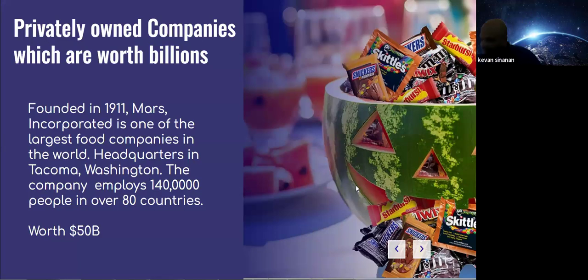Okay, so let's be a little careful with that terminology, because when we say publicly owned, we really mean publicly listed companies, right? Publicly listed companies are companies that are open for the public to buy and sell those shares, whereas privately owned companies are more exclusive.